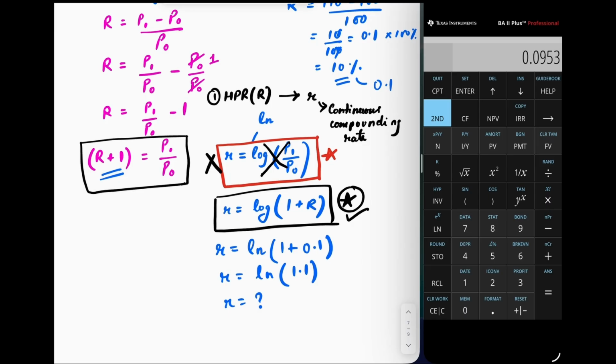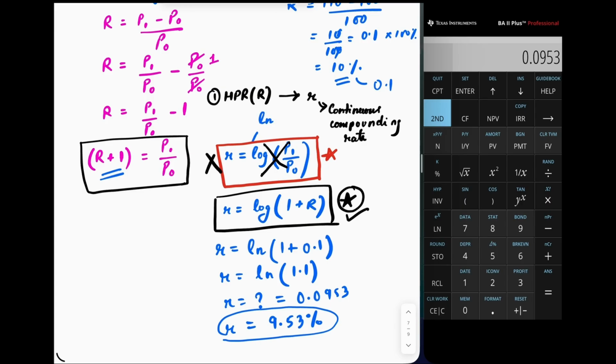You get 0.0953, so your continuous compounding rate is 0.0953, or in percentage terms, 9.53. So the continuous compounding rate we have got is 9.53 and our holding period return is 10.